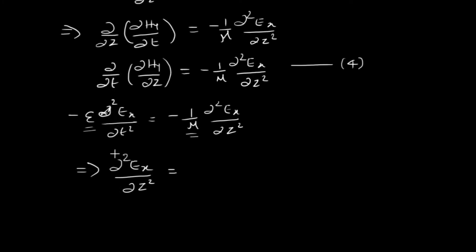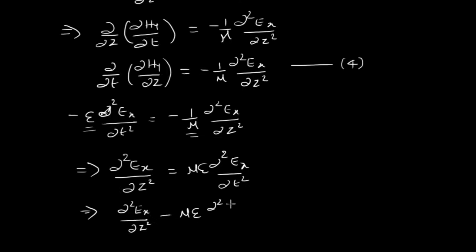I just want this μ to come to the other side. So μ ε ∂²Ex/∂t², or I can write this as ∂²Ex/∂z² minus μ ε ∂²Ex/∂t² equal to 0. I took this to the other side, so equal to 0.